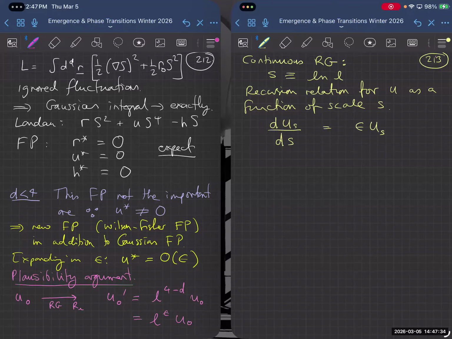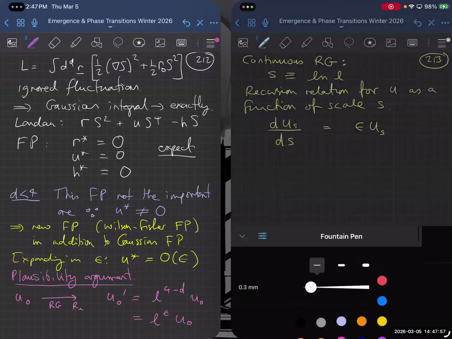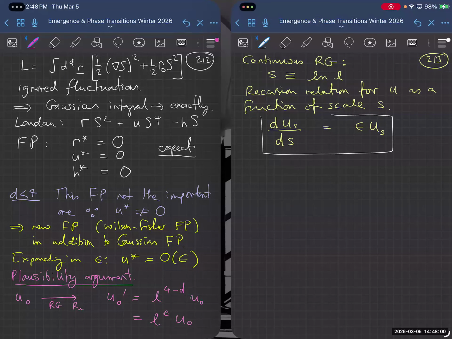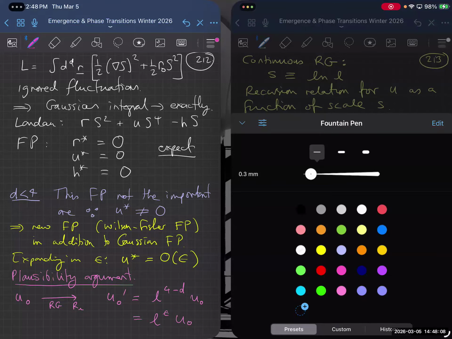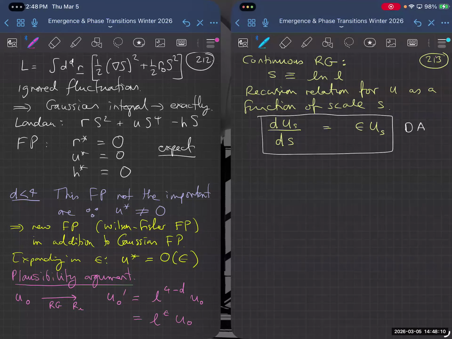Remember, all I've done is take this formula on the left-hand panel, made L infinitesimal, then taken the limit, made it a continuous scaling of U, and because I've scaled it with log L, the epsilon comes down and multiplies it like that. And so that is what dimensional analysis tells us. This is the dimensional analysis version of the renormalization group, which has involved no calculation, just the statements that we know from dimensional analysis.